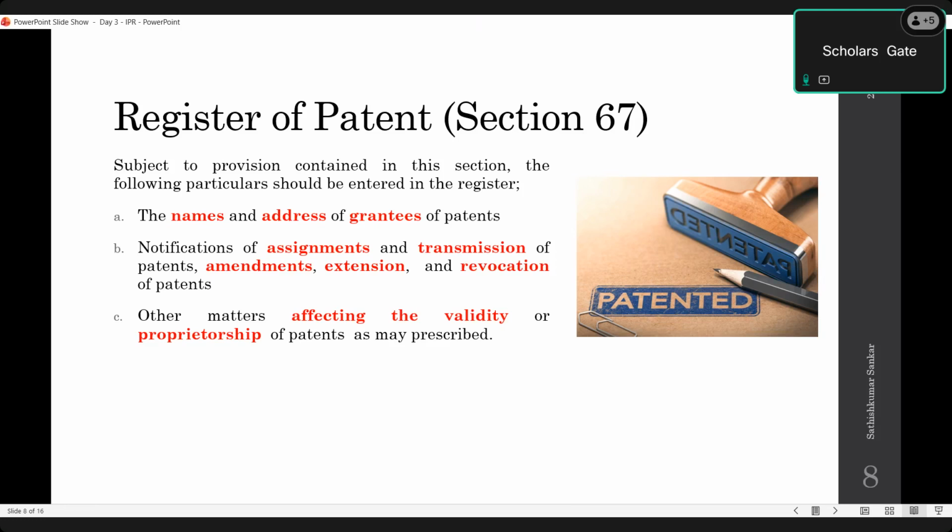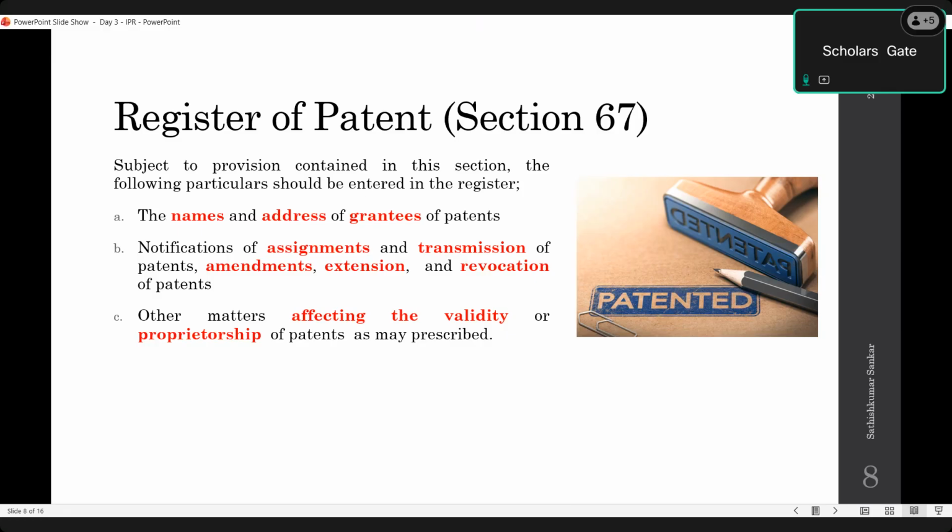If there is any assignment to the patentee, or transmission of the patent, it may be that the patentee claims a process or product; most probably it's suitable for any process-related invention. There are different types of inventions, so any transmission that happens for that particular invention should be mentioned in the register, along with amendment, extension and revocation of the patent. Everything will be registered in the patent register.